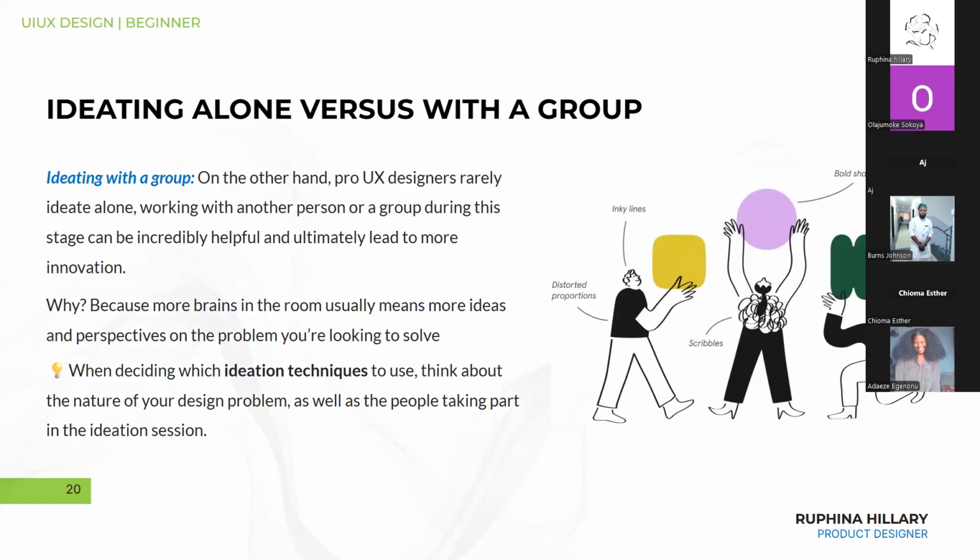Sometimes you see a solution to a problem and you think to yourself, wow, I would never have thought of this on my own. Those are the pros of ideating with a group, but it can be slower because there are a lot of differences. Someone might have an idea and you do not agree with them, so we have to work longer to come to a middle point or to blend our ideas together.